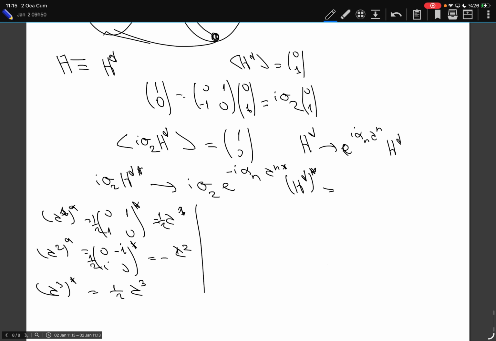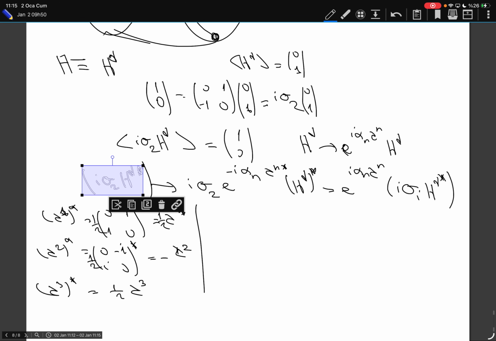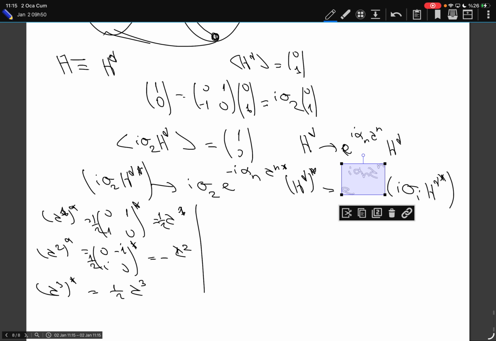So this is actually equal to e to the power iα_n τ_n iσ2 HD star. It transforms in exactly the same way as HD. If HD transforms with this matrix, this new field that I define in terms of HD also transforms exactly in the same way.